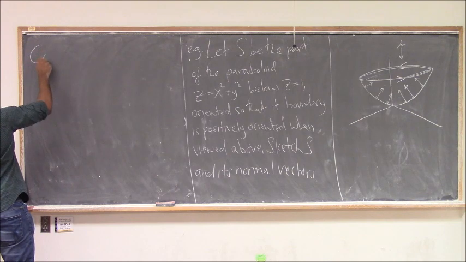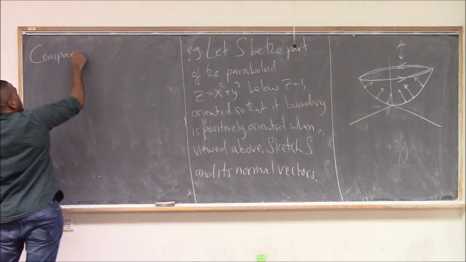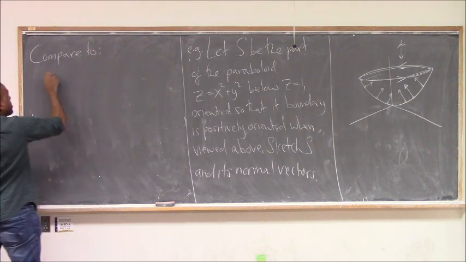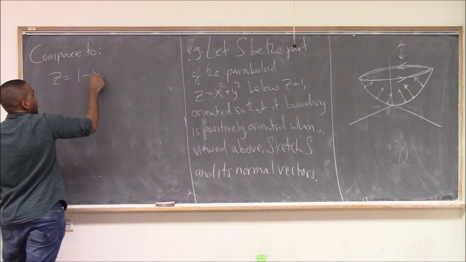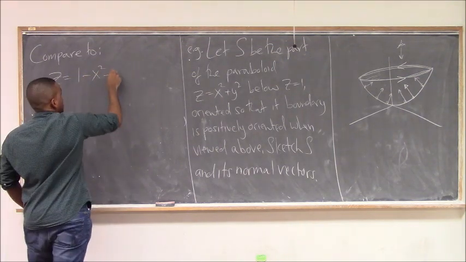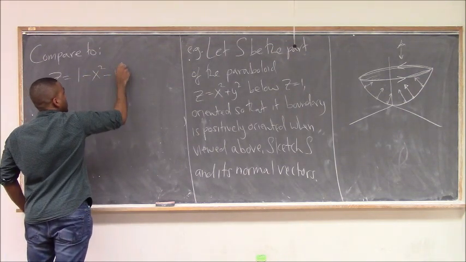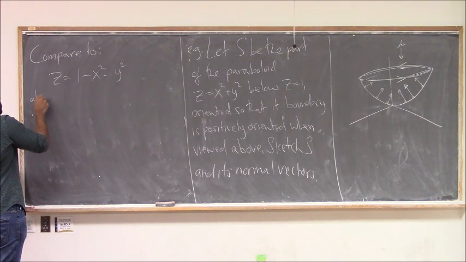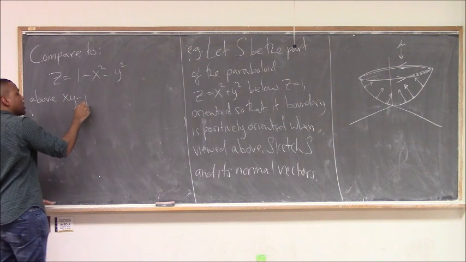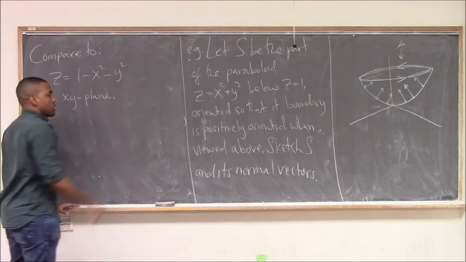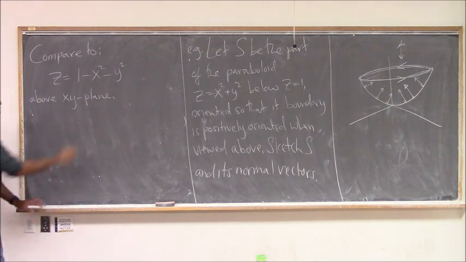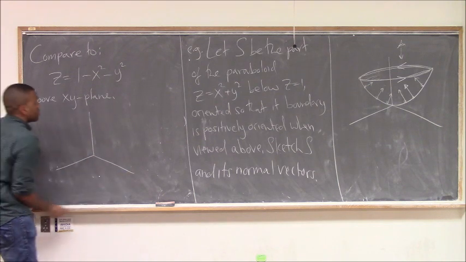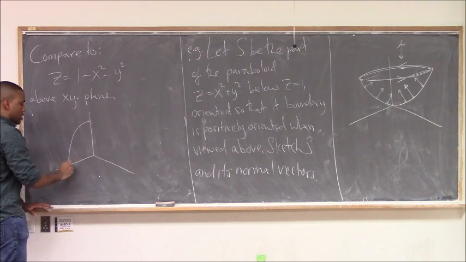Now I could compare this to, for example, z equals 1 minus x squared minus y squared above the xy plane. So that's this guy.